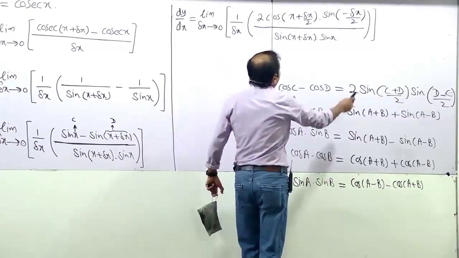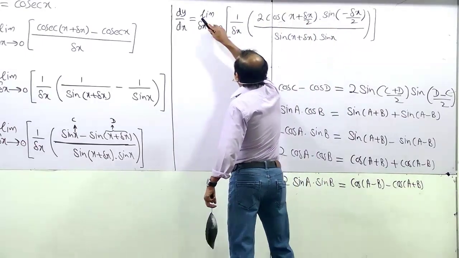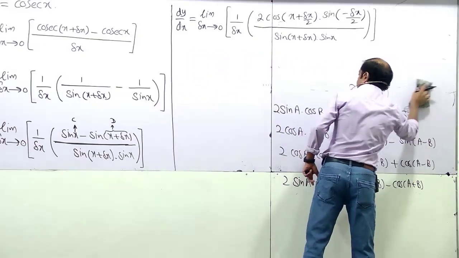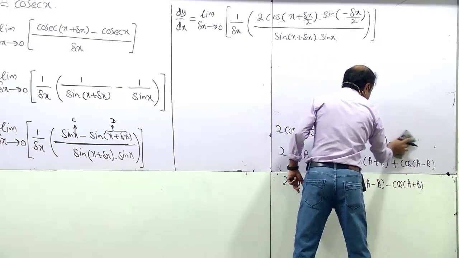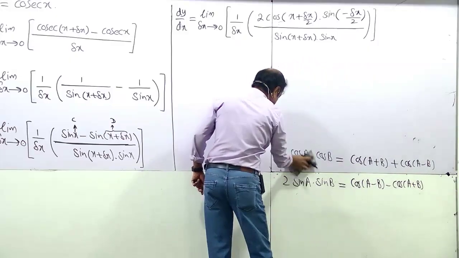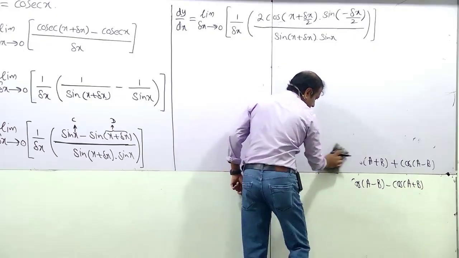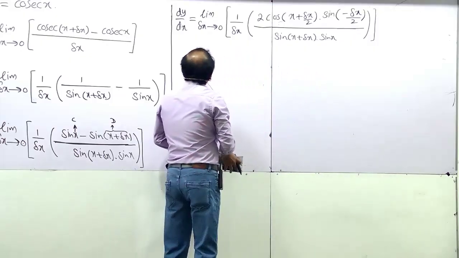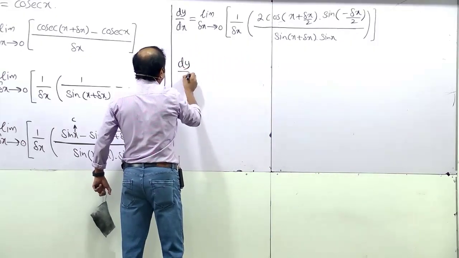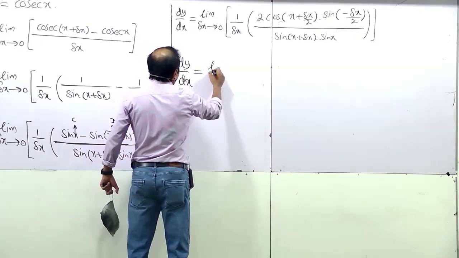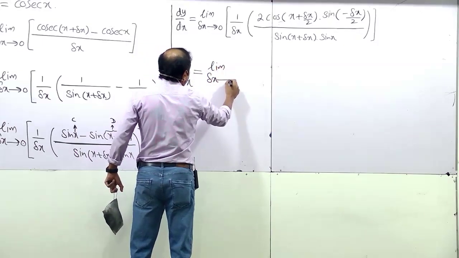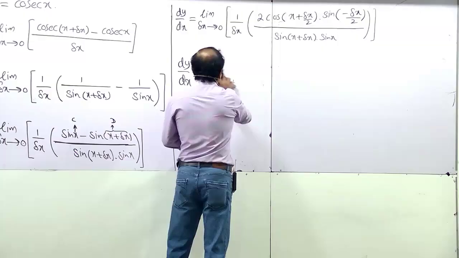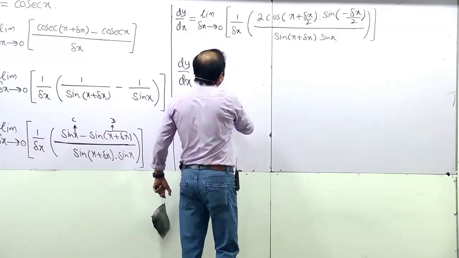Now this minus sign I can take out and keep here, in the next line. dy by dx equals minus, I keep the minus sign here.